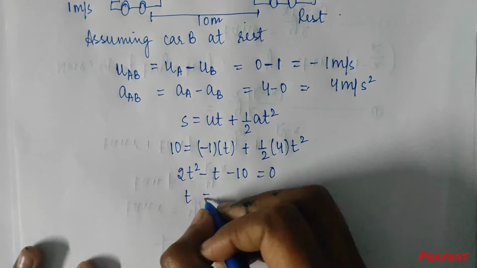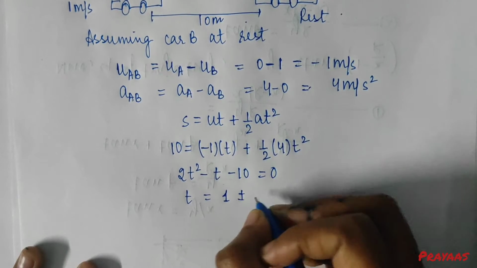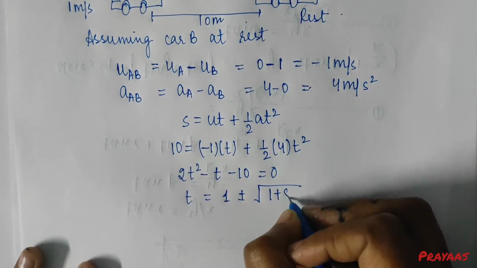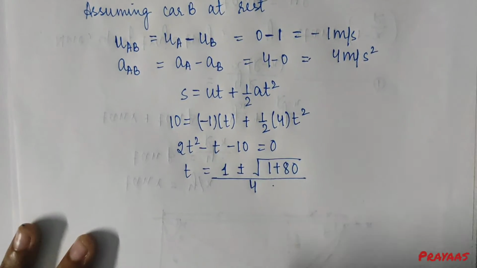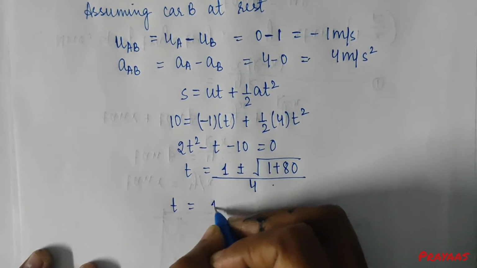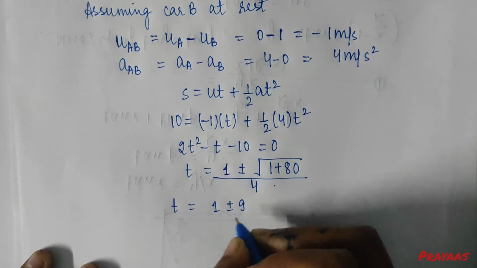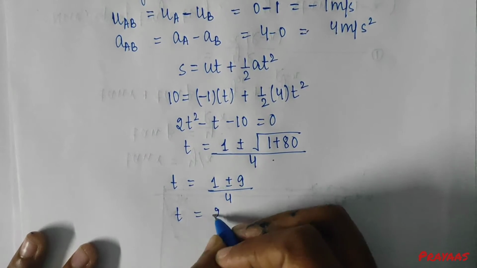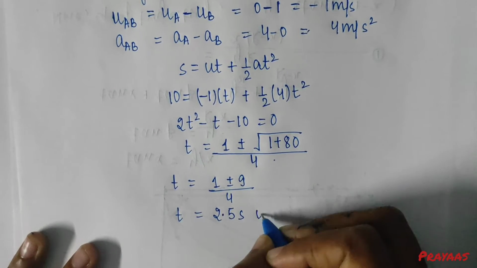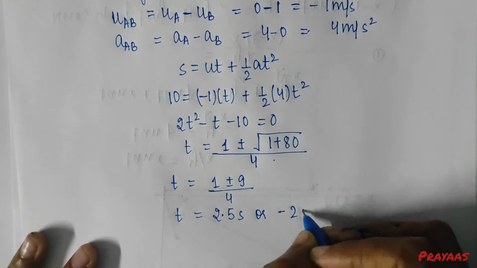This will be t equals 1 plus minus under root of 1 plus 80, upon 4. So the value of t will come out to be 1 plus minus 9 by 4. Value of t will be 2.5 seconds or minus 2 seconds.